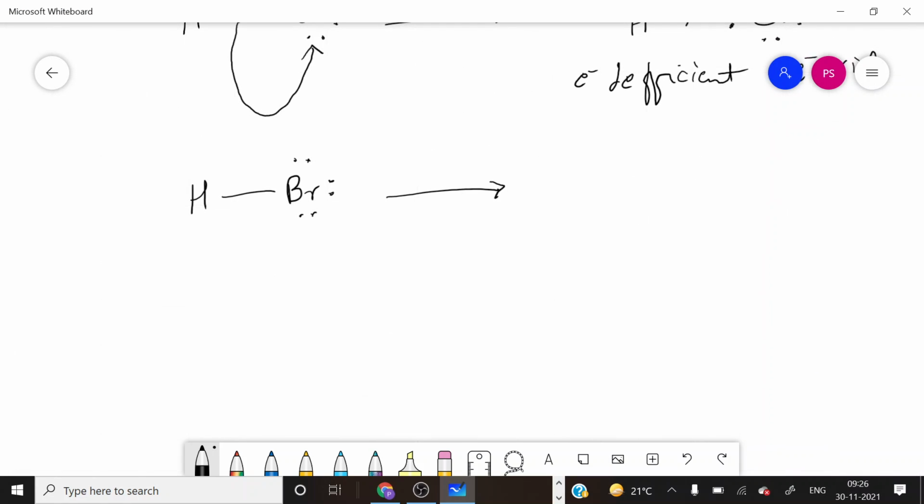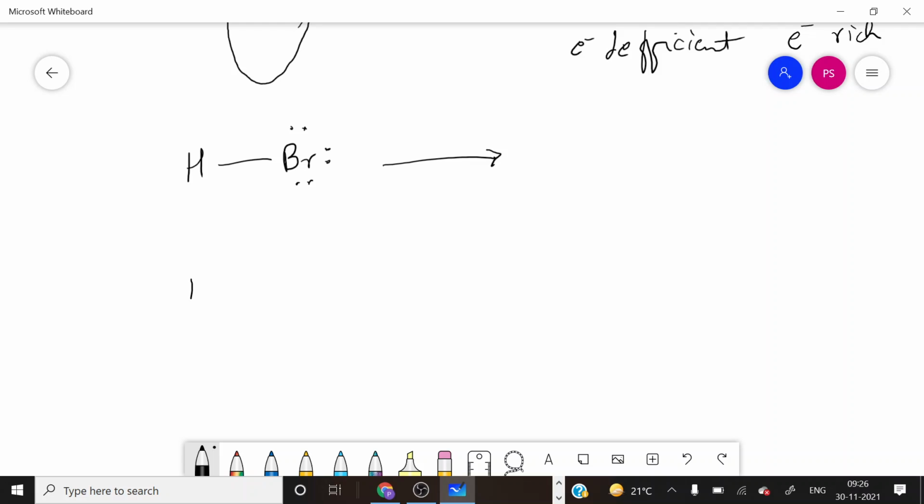Now we can take another example, Br2, dibromine. Br2 is brownish red in color. Now you can see here a bromine-bromine single bond is there. I am going to break this bond in a homolytic manner.